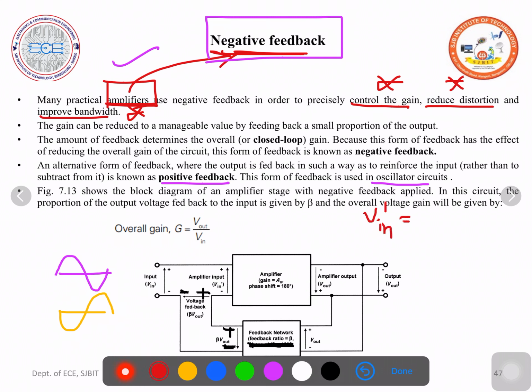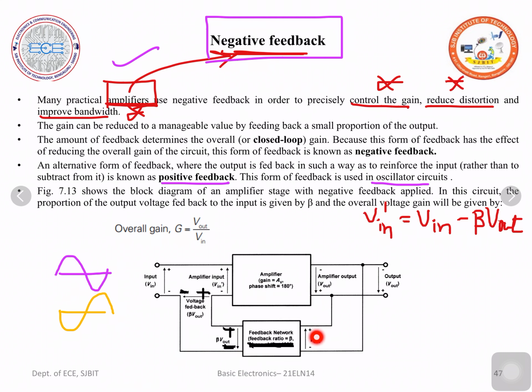Remember, this is negative feedback. In negative feedback, V in dash is equal to the input voltage V in minus the feedback voltage. Feedback voltage is beta V out. From where did we get this beta V out? As you know, this is the input to the closed loop amplifier. V in dash is the input to the amplifier.